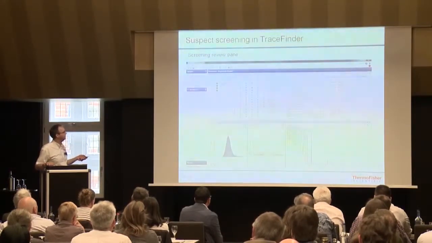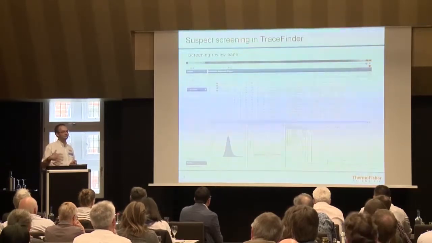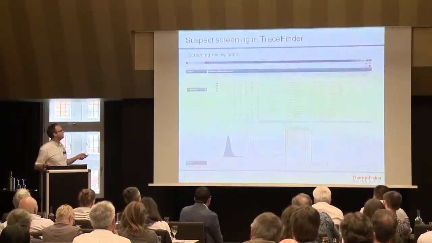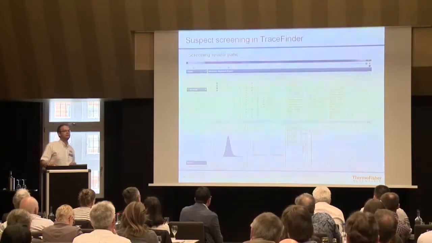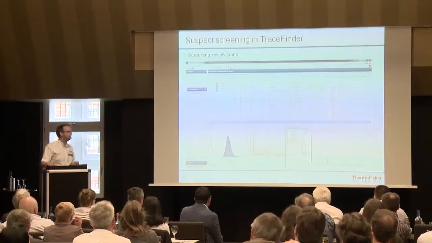We can take into account the library screen and the fragment ion result. So in the end, we get 1, 2, 3, 4 identification points here, or identification patterns. The overall result you will see here, so the ones being green everywhere, look like that. Ones where 1 or 2 items are missing will look like yellow, and if something's not found at all, you will see it in red.